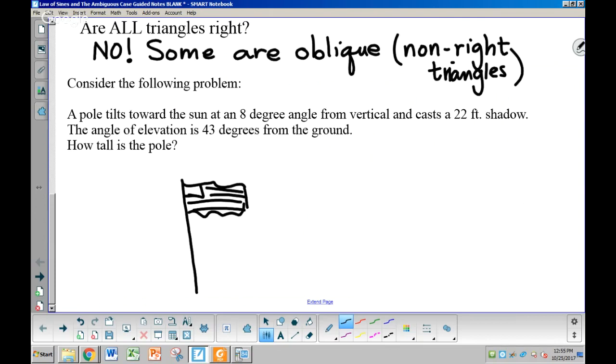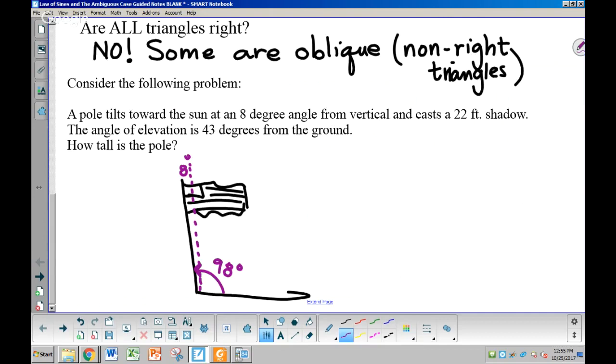And it's 8 degrees from the vertical. So what would that angle be with the ground then? 98. So this angle here would be 98 degrees because this is 8 degrees from the vertical.